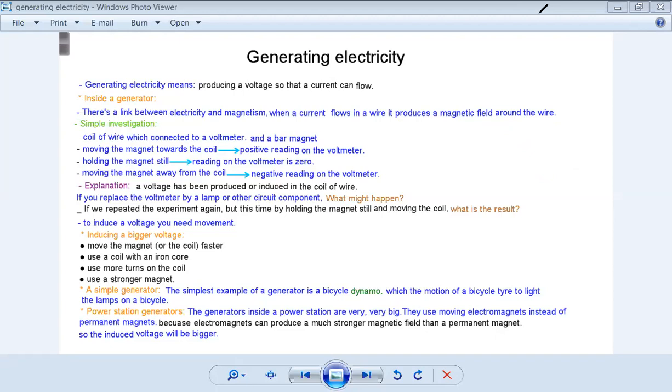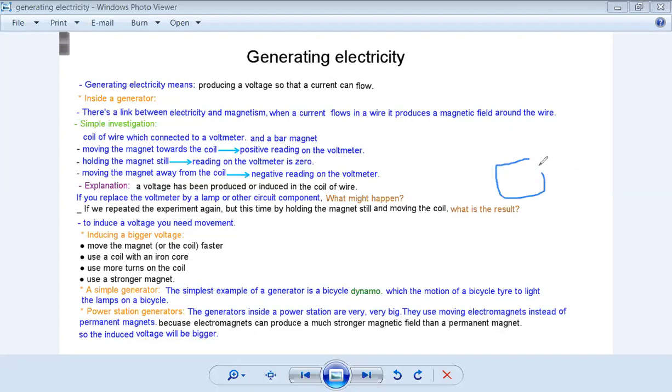Yes, Matasa? Sarah, good morning. So what is our simple investigation? We have a coil of wire connected to a voltmeter, and we have a bar magnet. We will move this forward and backward, and we should see what the reading of the voltmeter is.